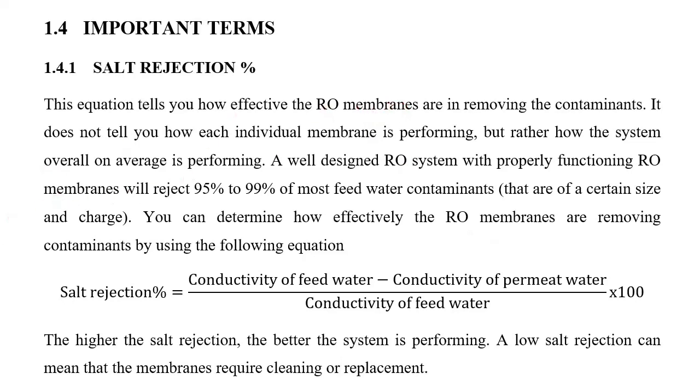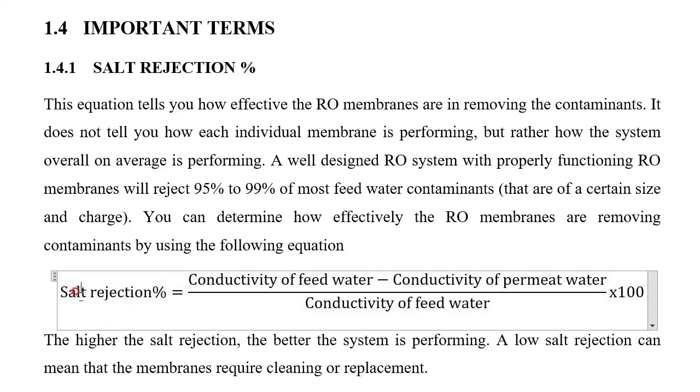If the salt rejection is more, then the semi-permeable membranes are more efficient. That is, the reverse osmosis system is working more efficiently. Generally, 95 to 99% salt rejection is expected in a properly running reverse osmosis system.